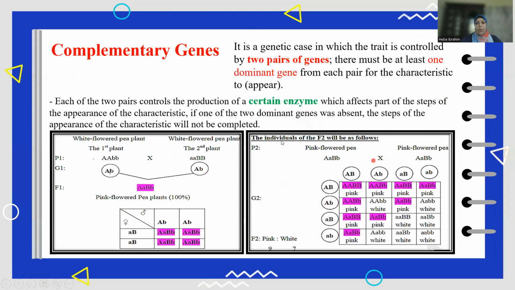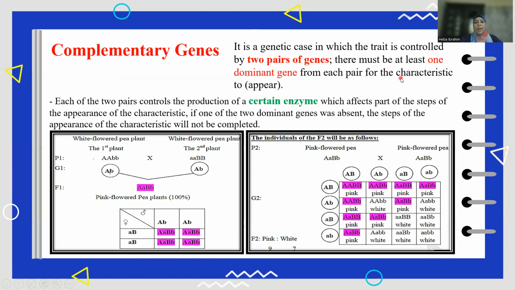Complementary genes is considered a genetic case in which a single trait is controlled by two pairs of genes, or 4 genes. For the dominant trait to appear, the genotype must have at least one dominant gene from each pair.